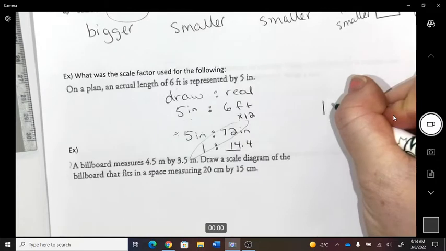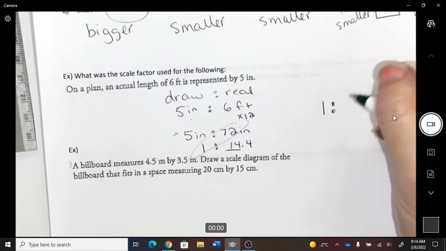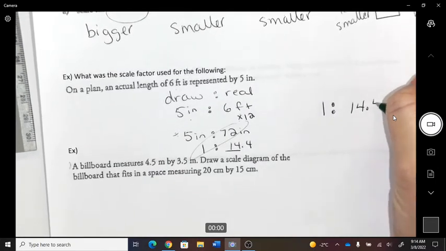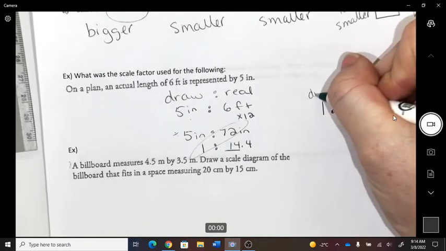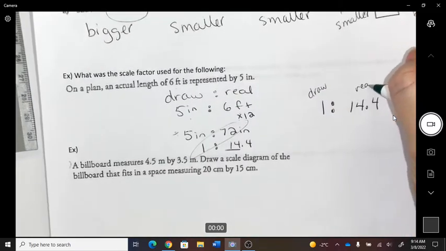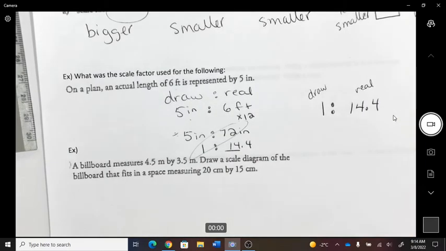So every 1 inch on the drawing is 14.4 inches in real. Okay, every 1 inch is 14.4 inches.